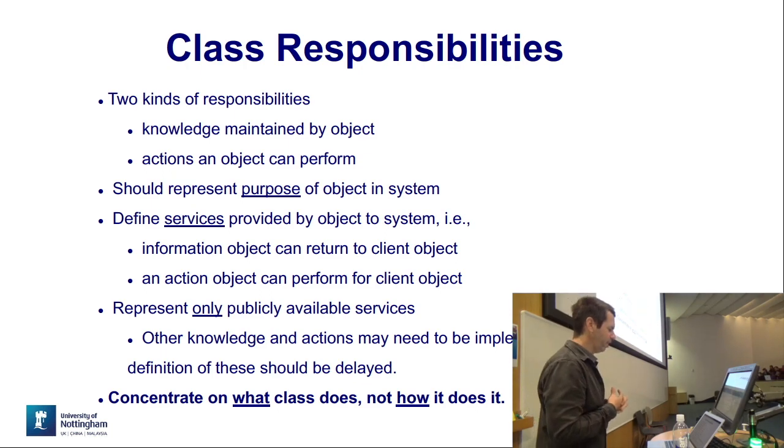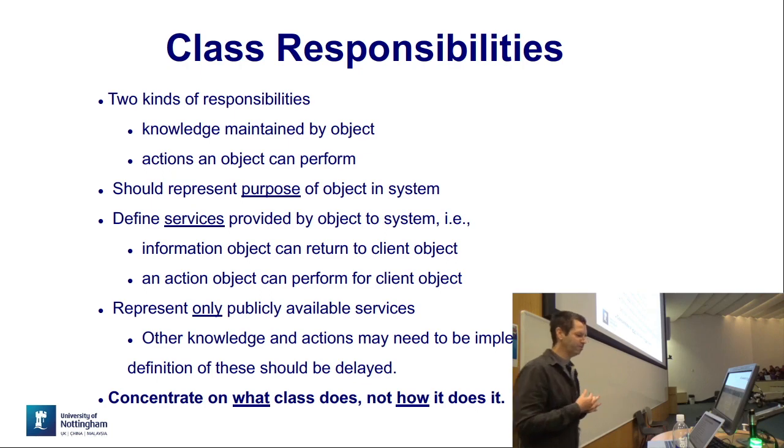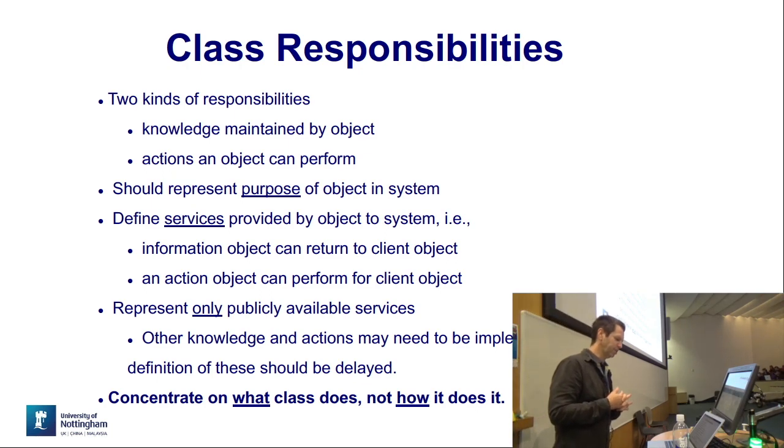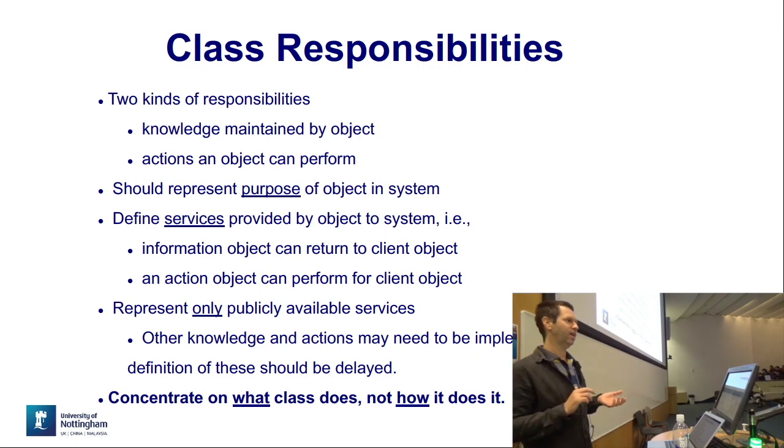So information can be returned to a client object, or an action can be performed for a client object. And they represent publicly available services, so services that are visible outside the scope of the class. In Java, you have private and public methods and data.